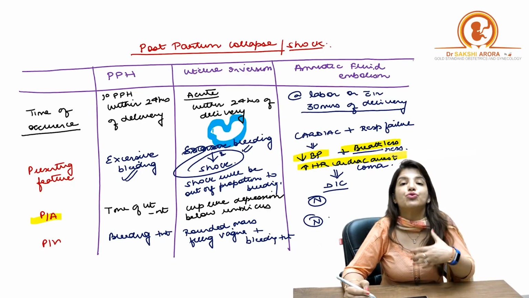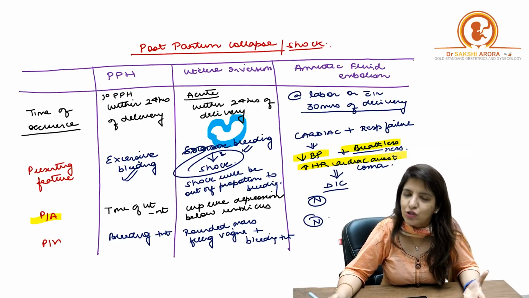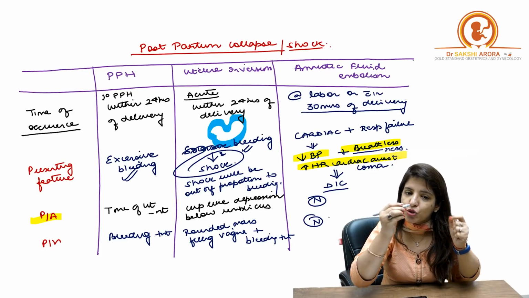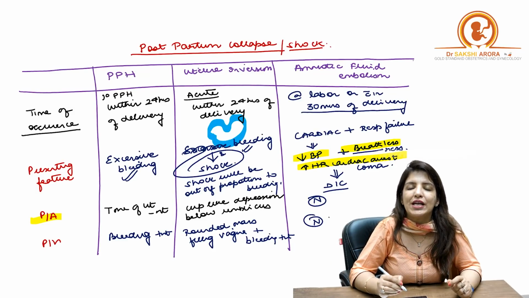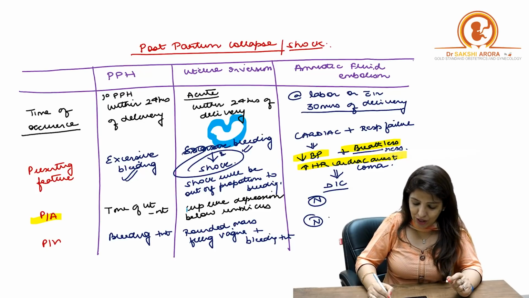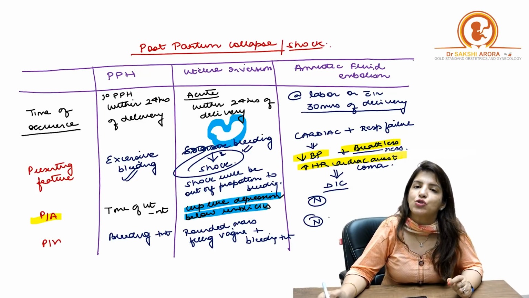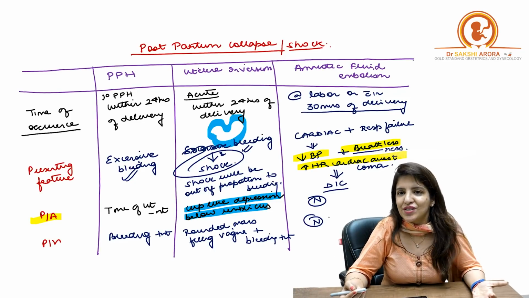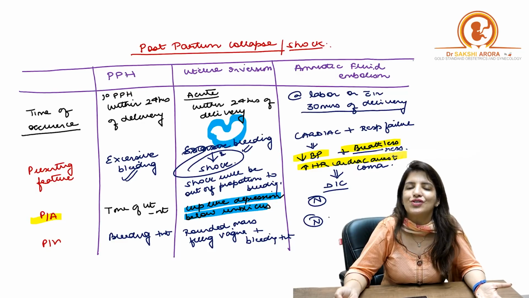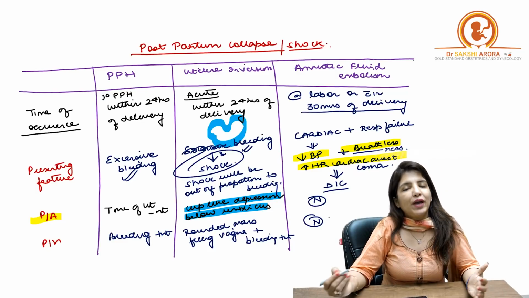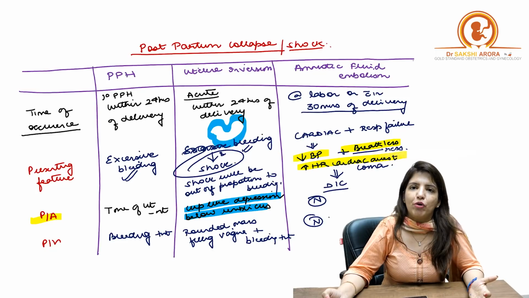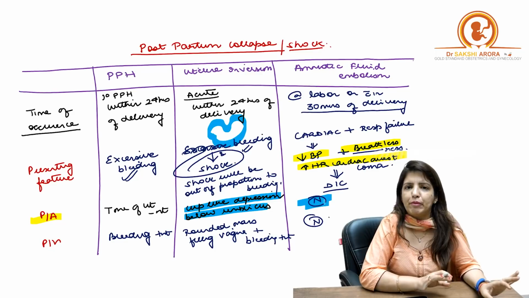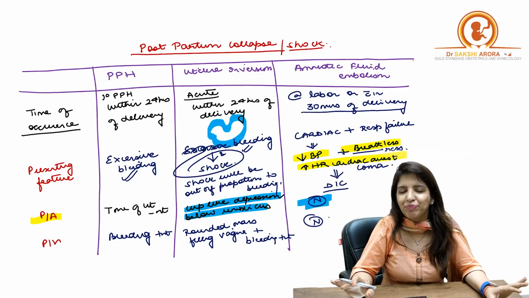So when you do a per abdominal examination, just below the umbilicus, you are going to feel a cup-like depression, right? Why below the umbilicus? Because immediately after delivery, that is the place where the uterus is. Whereas in case of amniotic fluid embolism, the tone of the uterus will be normal and the uterus will be normally palpable. There won't be any cup-like depression, right?